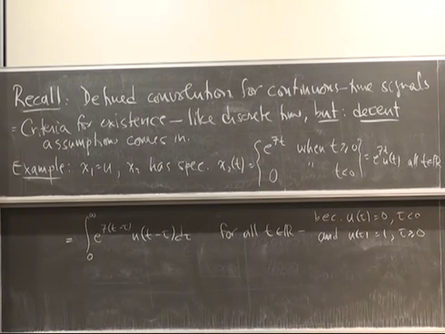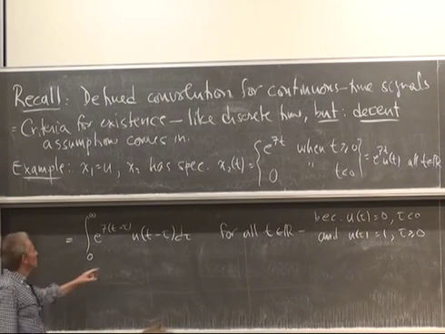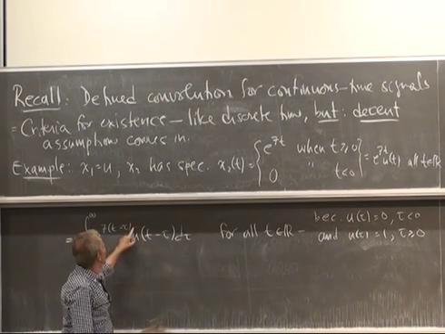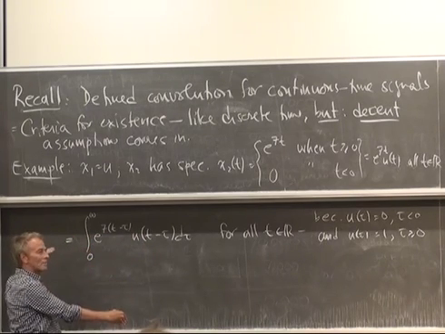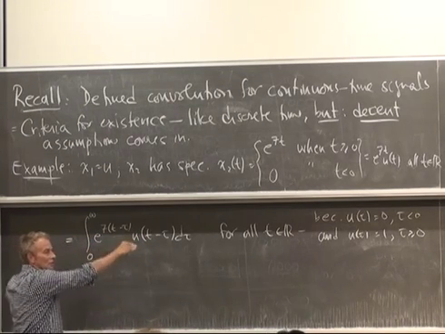The next step is to invoke the other unit step. And here's the hard part. This is where it breaks into cases. U of t minus tau is a backward-facing unit step that ends at time tau equals t, if you think of it as a function of tau.